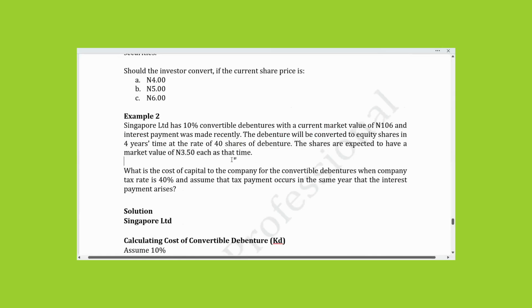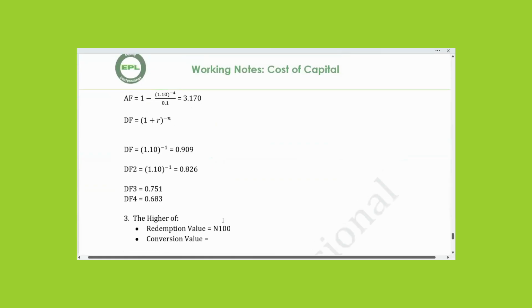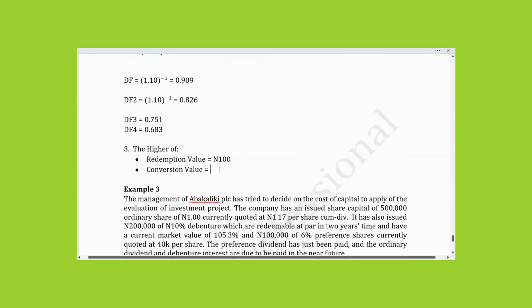In the next 4 years, when the debenture holders are going to exercise their rights, the market price will be 3 naira 50 kobo. Therefore, 40 shares multiplied by 3 naira 50 kobo. What do you have there? So conversion value will be equal to 40 shares multiplied by 3 naira 50 kobo.